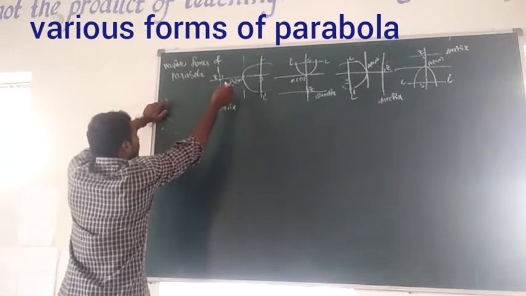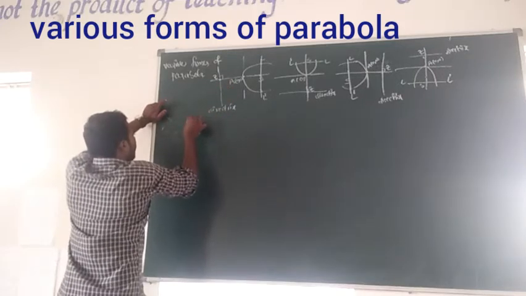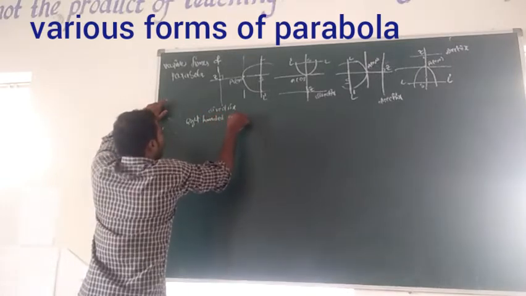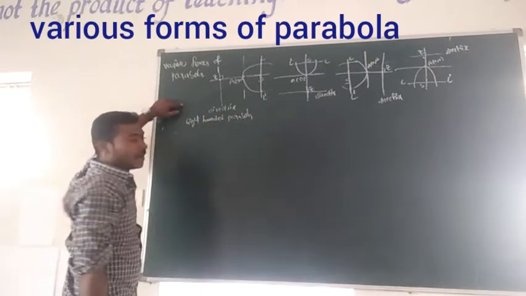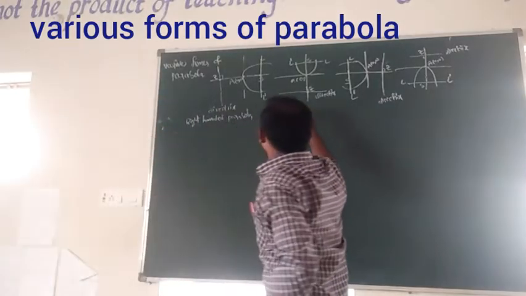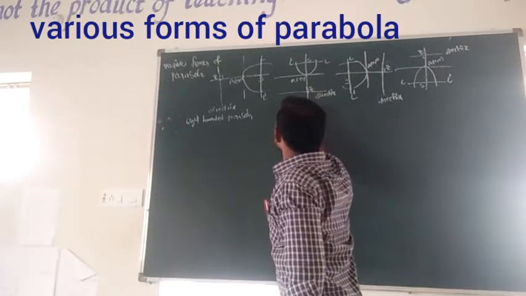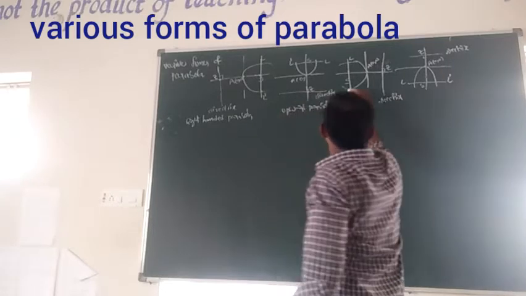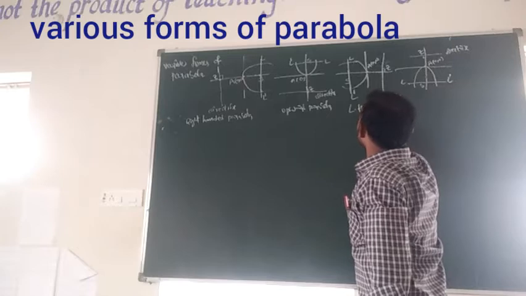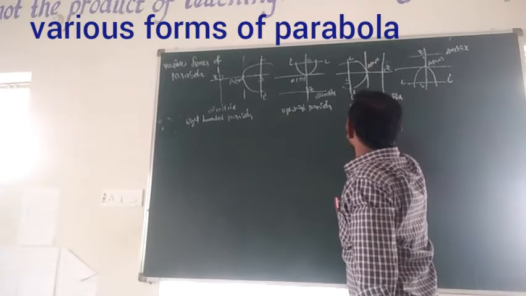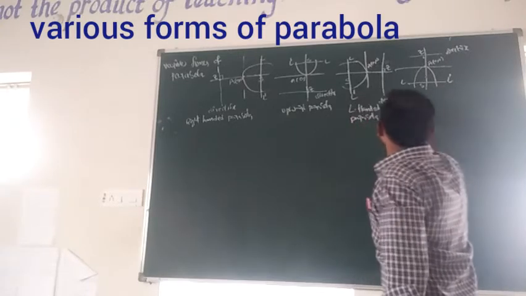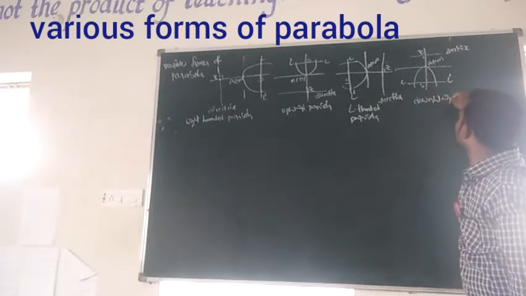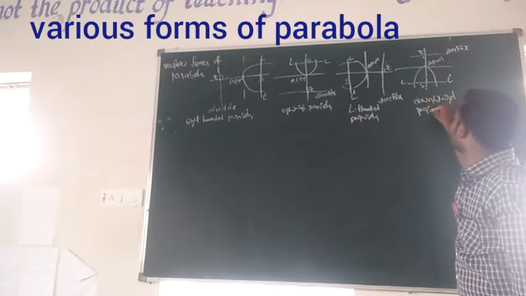This form of parabola is called a right-handed parabola, this is an upward parabola, this is a left-handed parabola, and this one is a downward parabola.